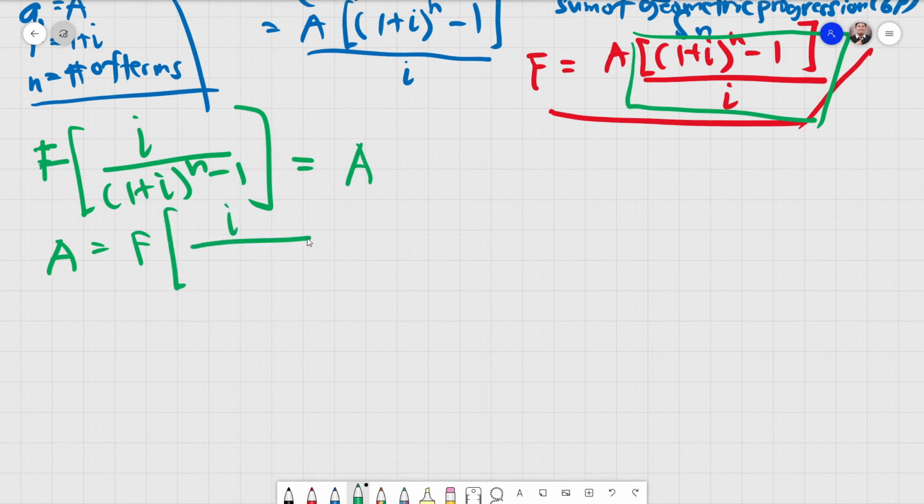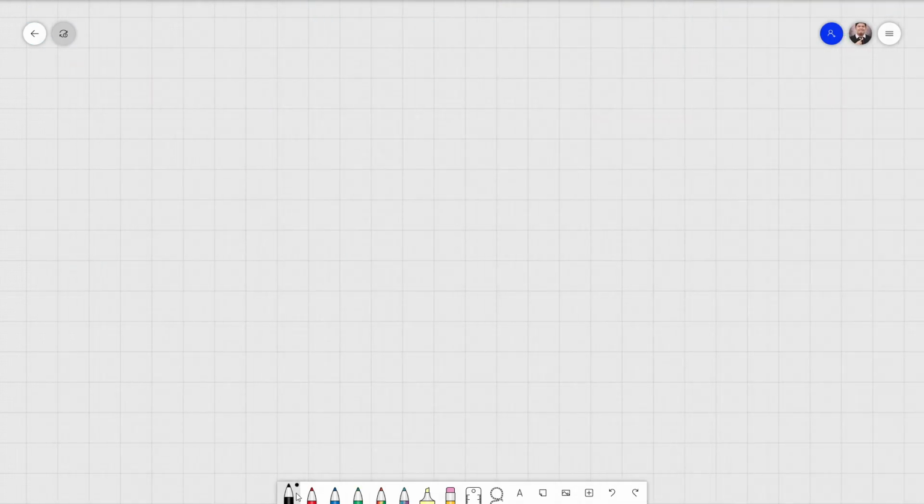And we have the formula for the annuity value given the future value of the annuity as well as the interest rate and the number of terms. Okay, so na-derive na natin yung future value ng annuity natin given the annuity amount as well as the interest rate and the number of terms.